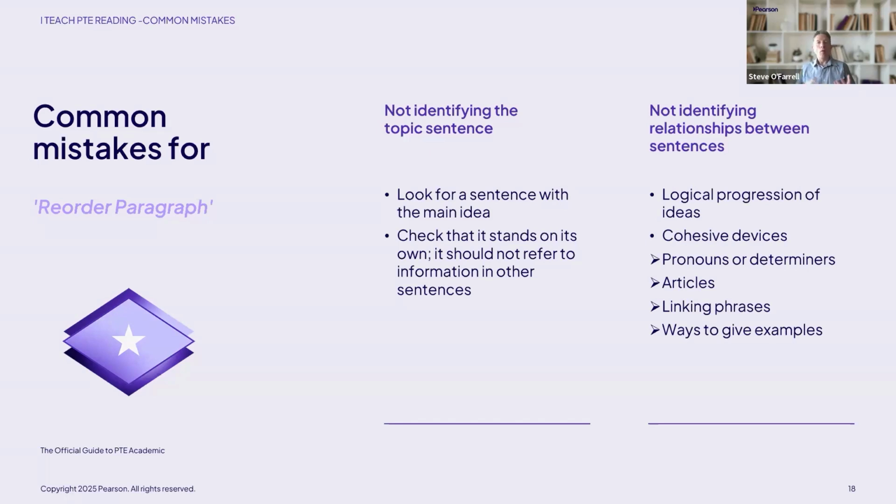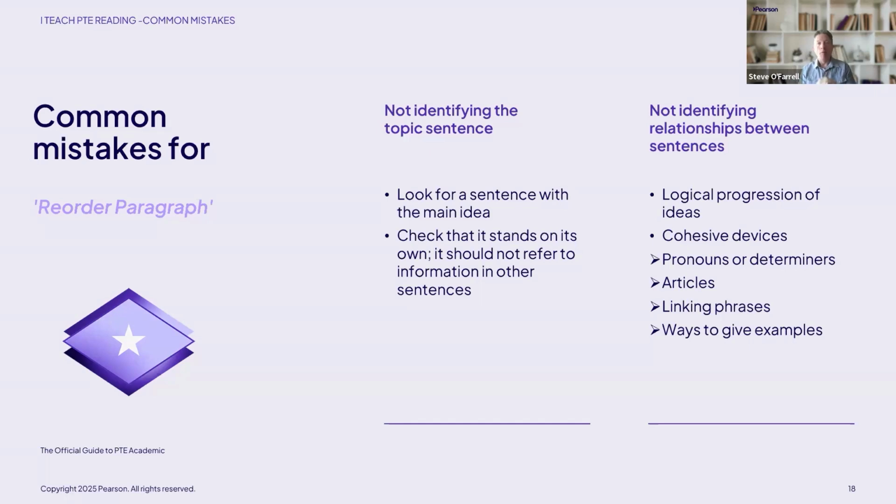If you see the word he, then it probably follows a previous sentence that says the man or John, for example. Definite articles tend to follow indefinite articles because we need to define an item or a concept before we can use a definite article. So articles can be a very good indicator of which sentence might come before or after another one.